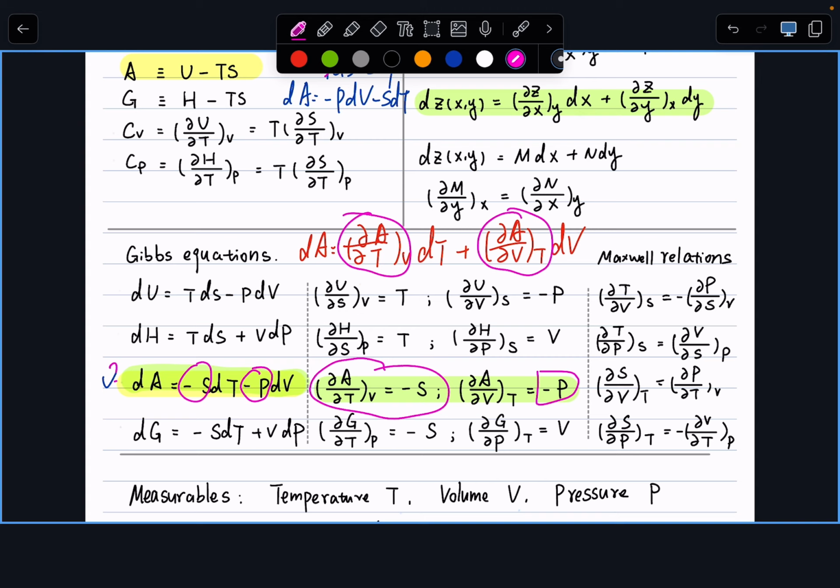The third tool in our calculus toolbox is Euler's reciprocity relations.